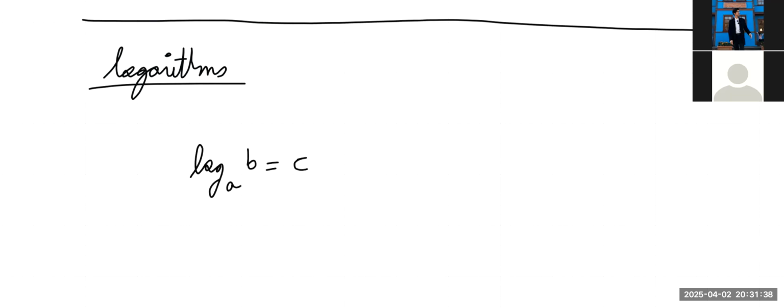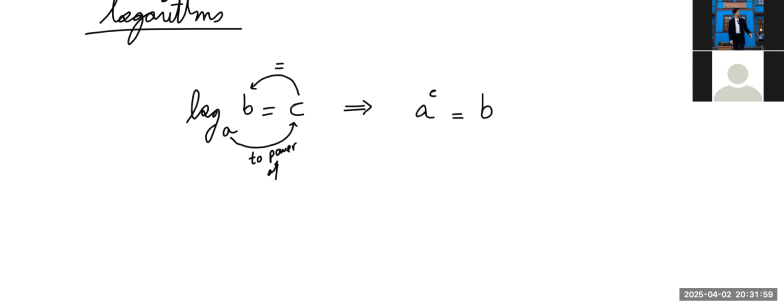All this means is if I take a and I raise it to the power of c, I will get b. So this means the same thing as a raised to the power of c will be equal to b. Okay, that's how a logarithm works. That's the anatomy of a logarithm.